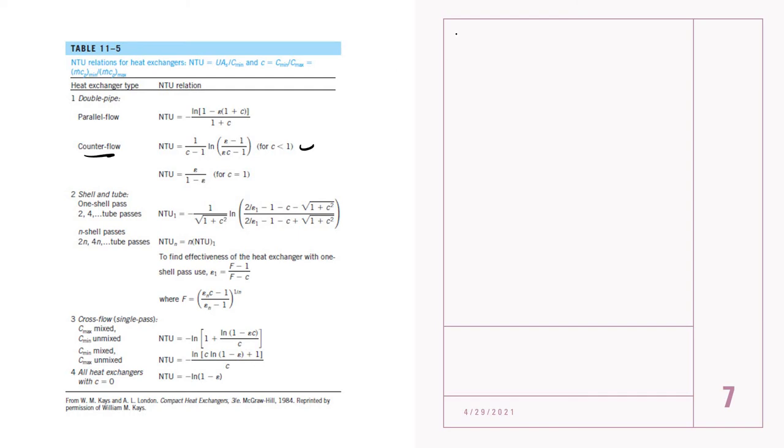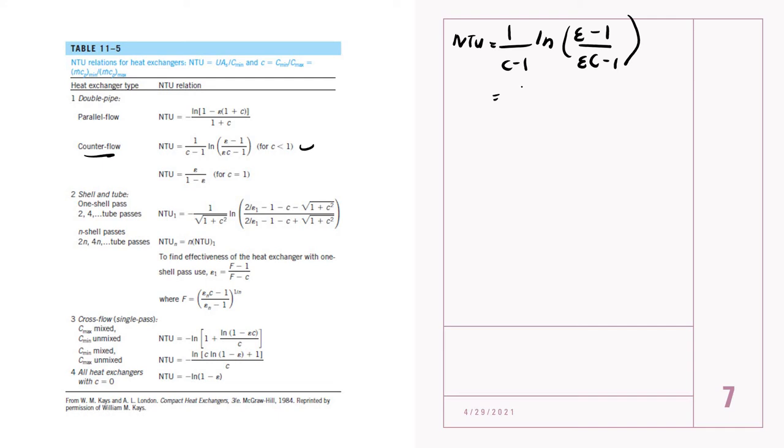NTU is equal to 1 over C minus 1, ln of effectiveness minus 1 over effectiveness times C minus 1.